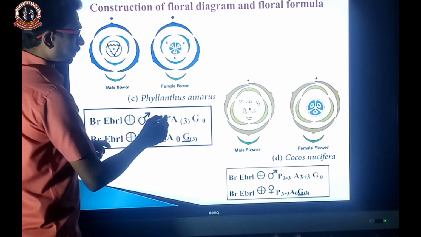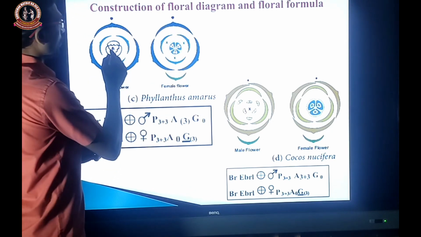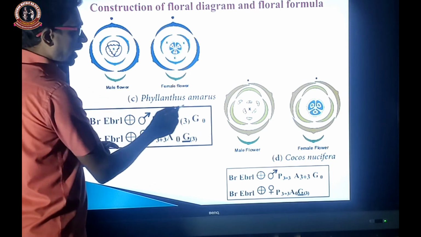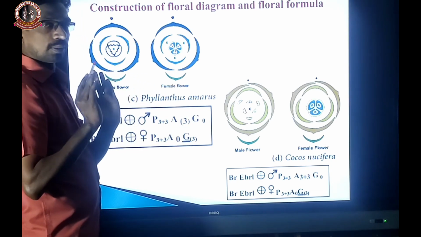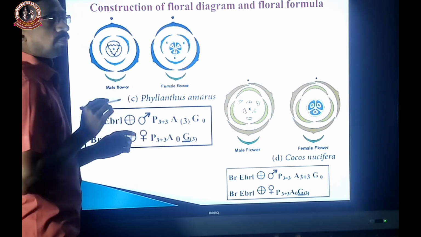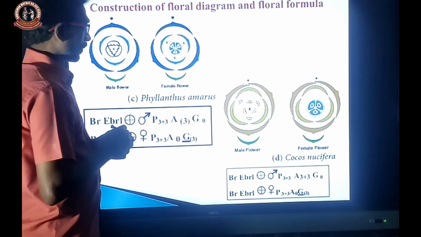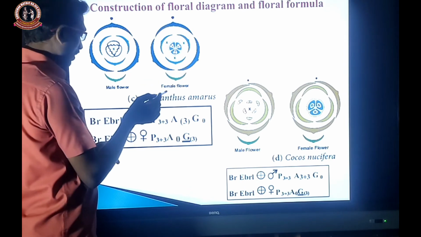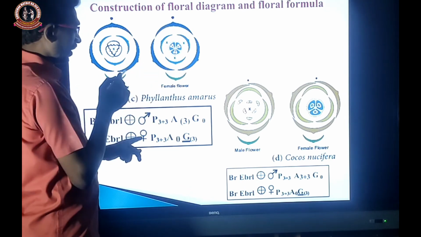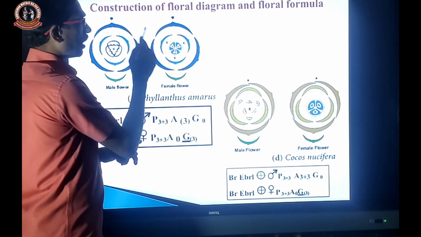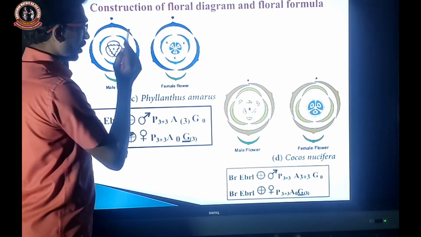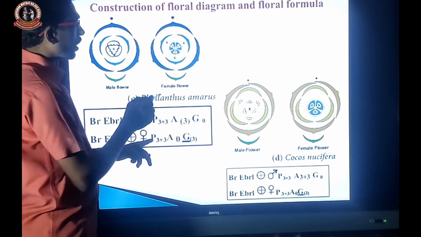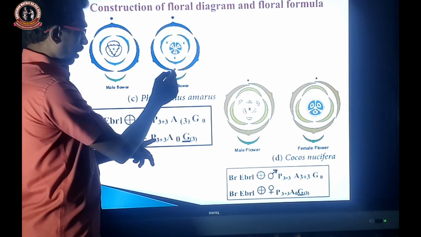Next androecium. Androecium 3, 1, 2, 3. And gynoecium G naught. When the gynoecium is absent, it is represented so. And then the female flower. Bract is present, ebracteolate, actinomorphic, female flower because only the gynoecium is present, androecium is absent, and perianth 2 whorls, 6, 3 plus 3.